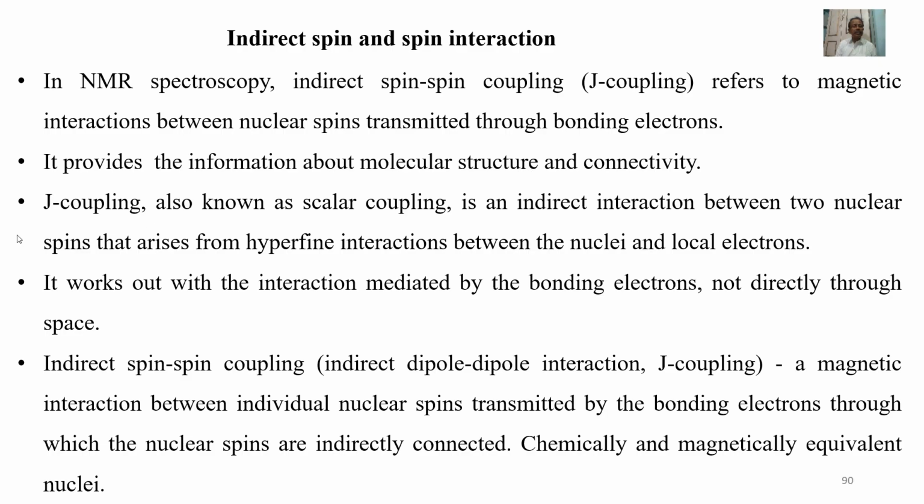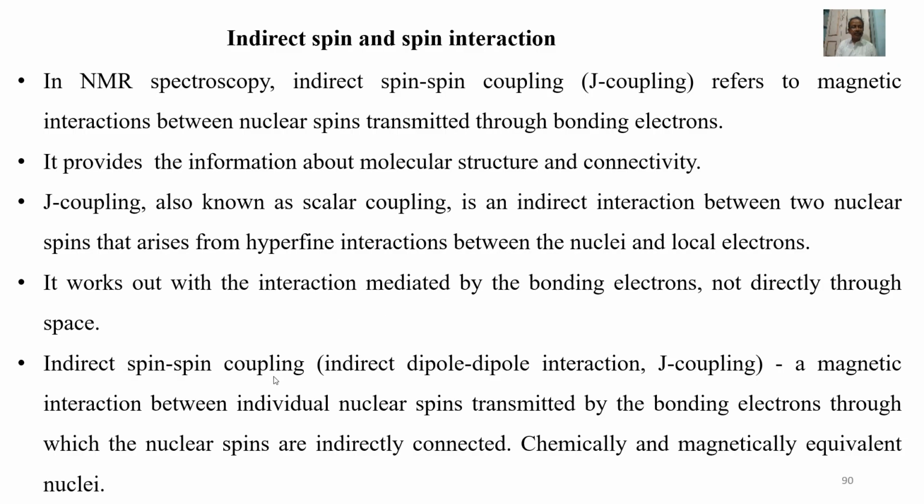J coupling, also known as scalar coupling, is an indirect interaction between two nuclear spins that arises from hyperfine interactions between the nuclei and the local electrons. It works through the interaction mediated by the bonding electrons, not directly through space.